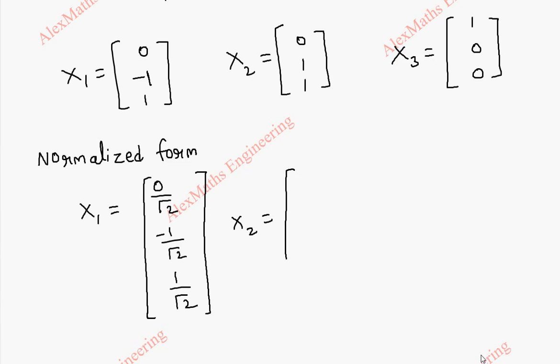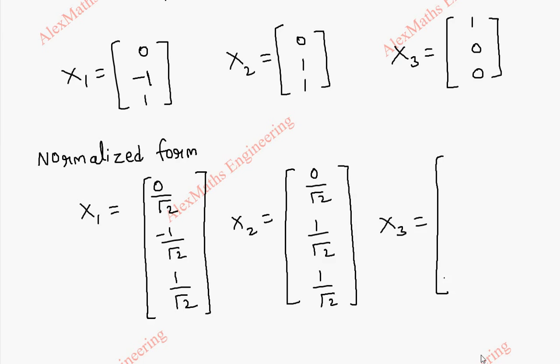So we get 0 by root 2, 1 by root 2, 1 by root 2. And x3, its magnitude is 1, so even after dividing, we get the same 1, 0, 0.